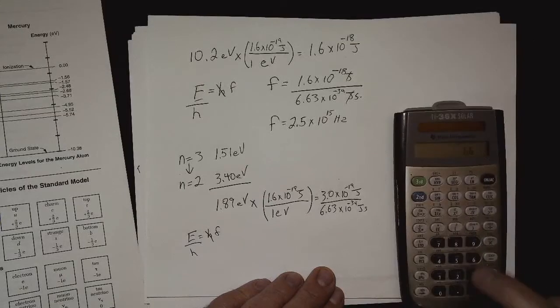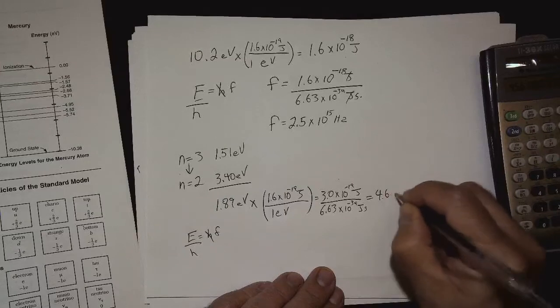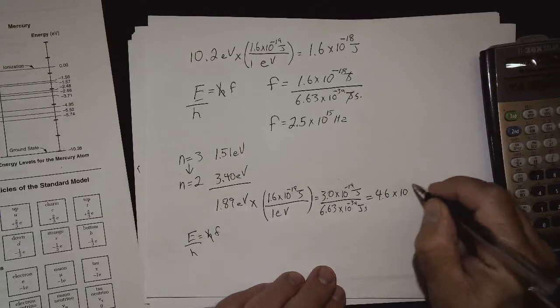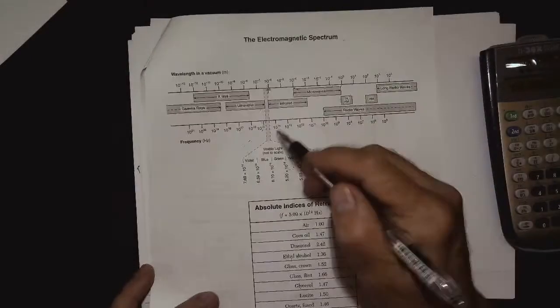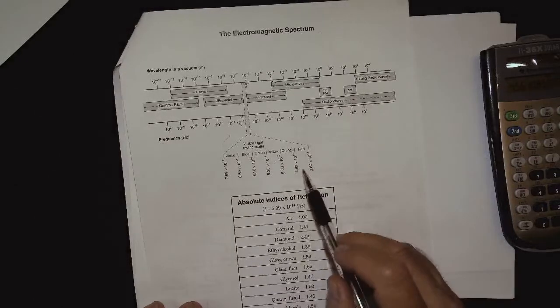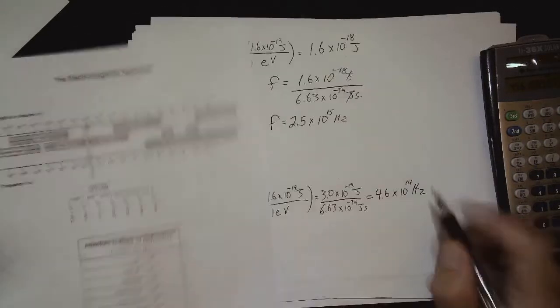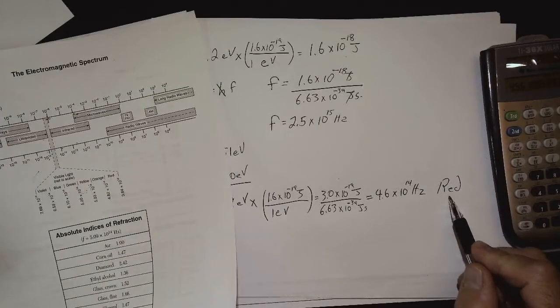Well, that equals 4.6 times 10 to the 14th hertz. Well, what do we get for that? All right, 10 to the 14th, 4.6 drops us into red light. So that would be a flash of red light if it was doing that.